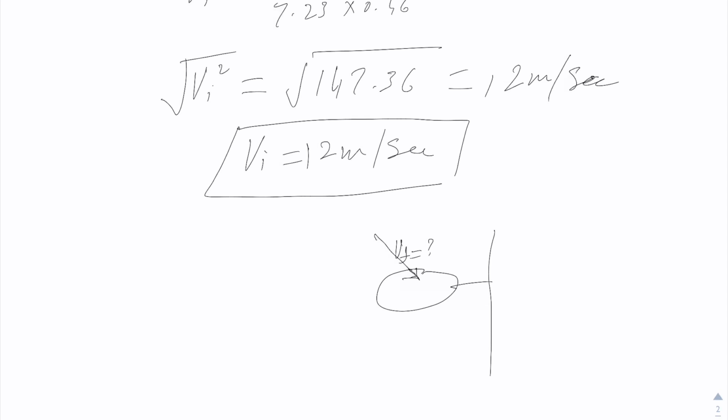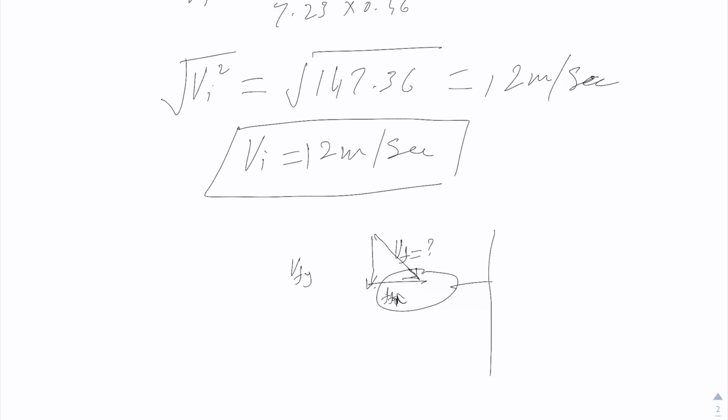So what we need to do is we again need to resolve this final velocity into its components. So this is the y component of the final velocity, Vfy, and this is the x component of the final velocity, Vfx. As we know, the velocity in the x direction is the same.